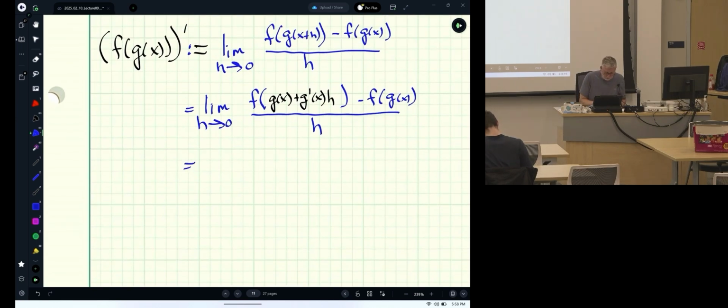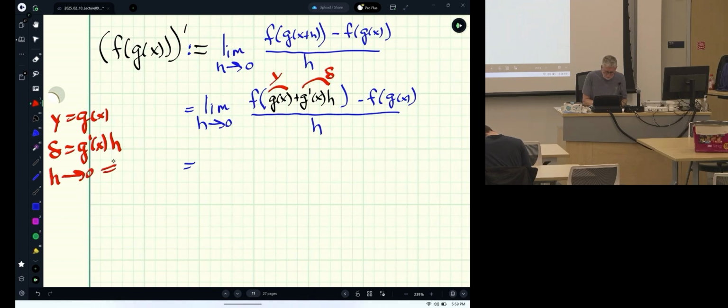Okay, so here's the cool thing. I can also do that for f. Here's my point y, and here's the point delta. So this will be y, and this will be delta. h goes to 0 implies delta goes to 0.